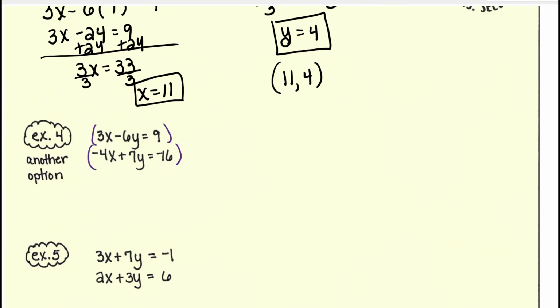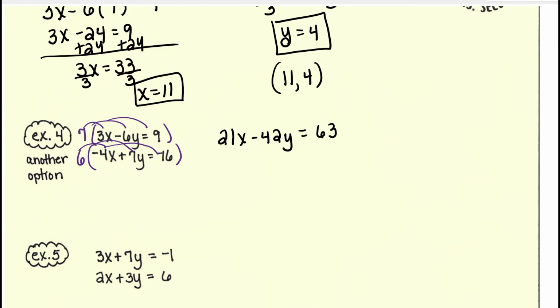If this is a 6 in the top equation, bring a 6 to the bottom equation. If that's a 7 in the bottom equation, bring a 7 to the top equation. Because then you have 7 times 6 and 6 times 7 with a positive and a negative, and they will cancel. So I'm going to distribute my 7 through the top. That gives me 21x minus 42y is equal to 63.